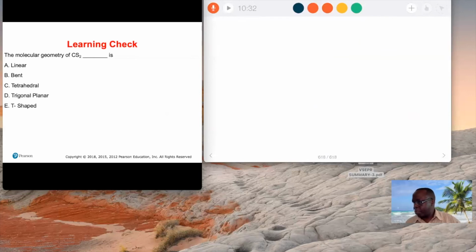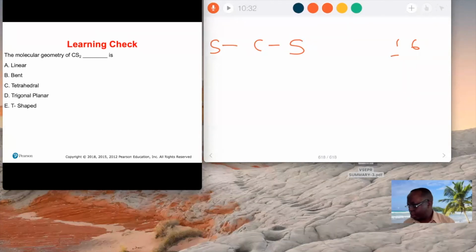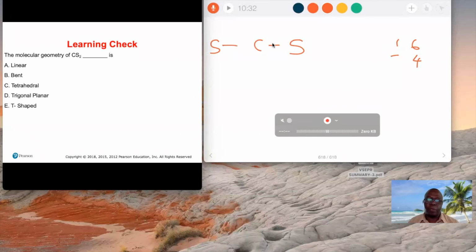This means carbon is bonded to sulfur. From 16 minus 4, I've used 2 here, I've used 2 there, so 12 remain.